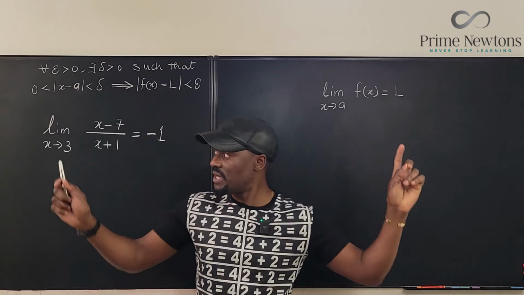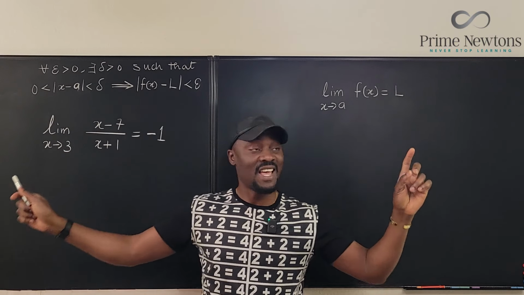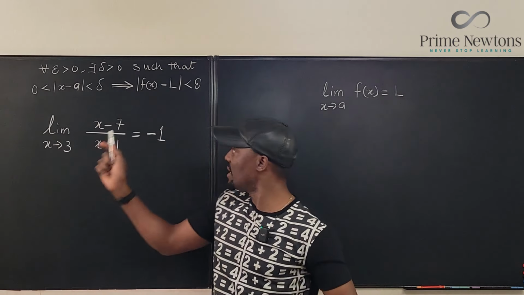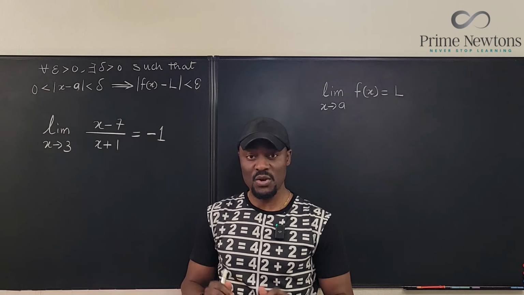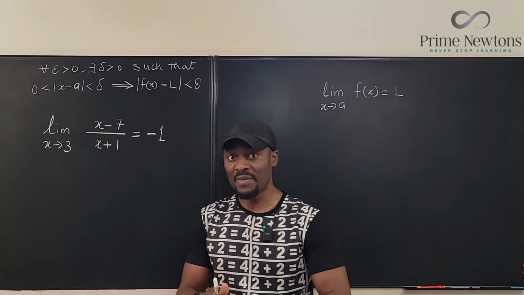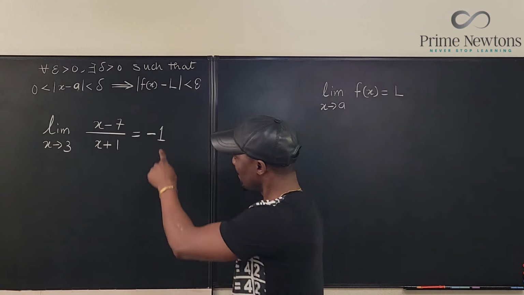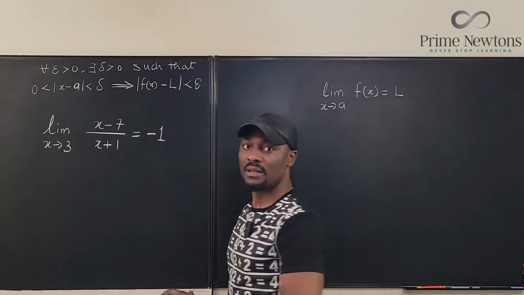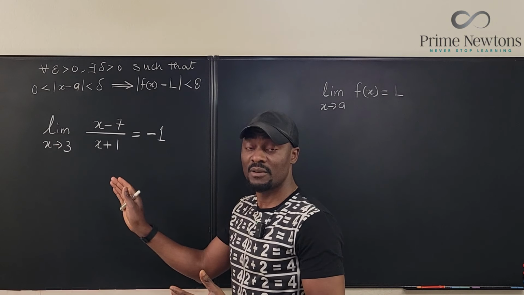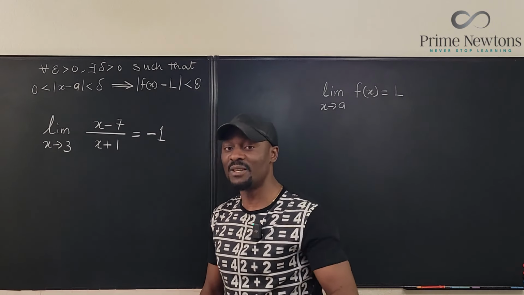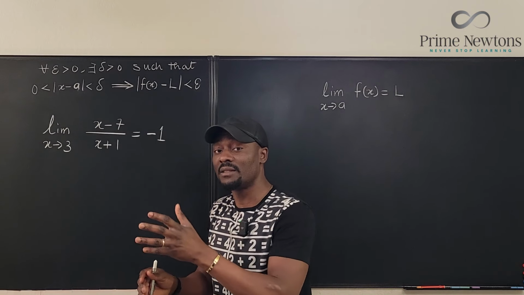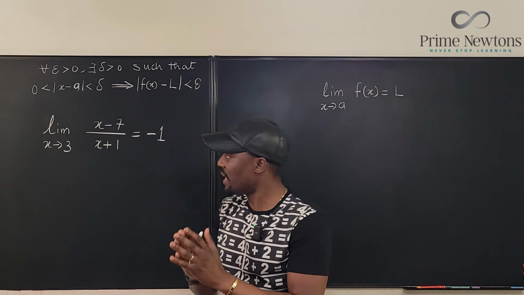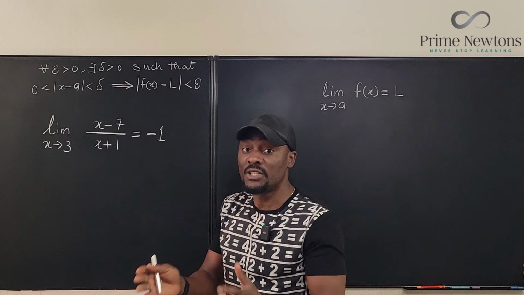A is going to be 3 in this case, and L is going to be -1 in this case. What this means is that we want to show that this -1 is this limit. I know you can compute the limit, but we want to prove that it is the limit using the epsilon-delta definition.